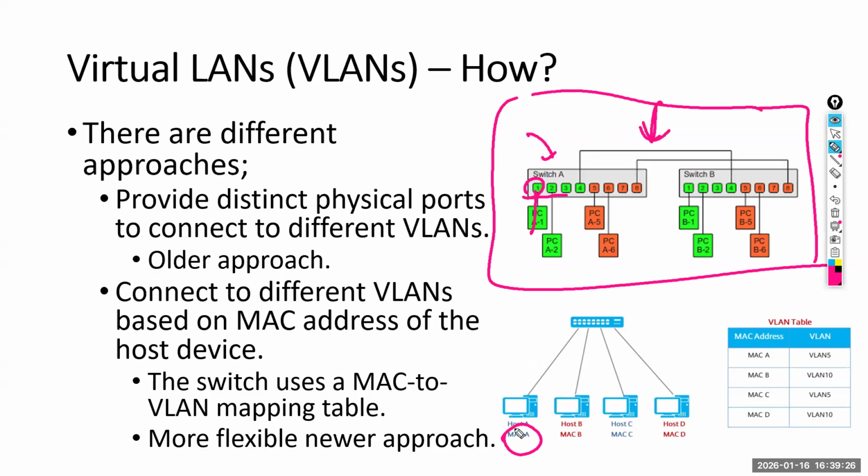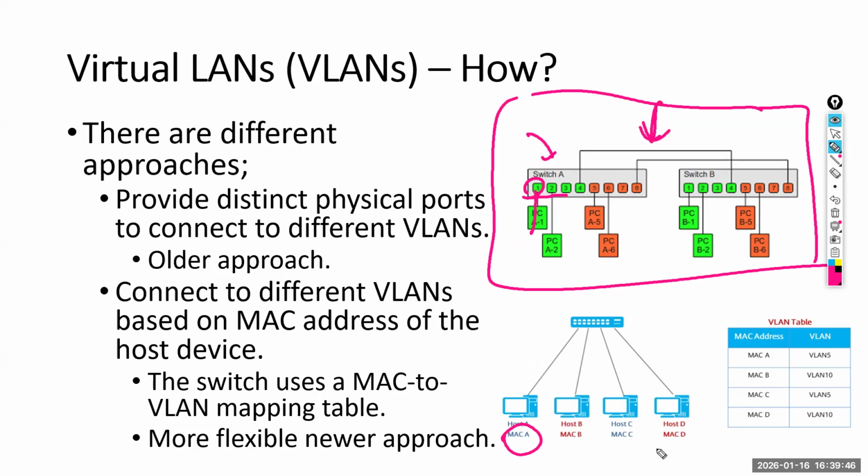Because your MAC address is not going to be changed, right? Your laptop's MAC address, or your network card's, is not going to be changed. So the system administrators will map each MAC address to the correct VLAN. Say these MAC addresses are for the HR department, these MAC addresses are the finance department.